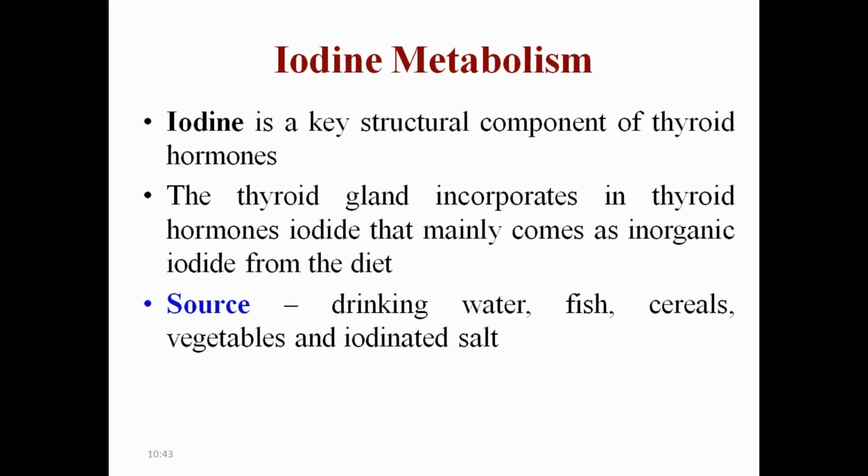They lack iodine because the soil of these mountainous sites is poor in iodine content, so the vegetables and plant products from the mountainous areas have poor iodine content. That may be the reason that in Himalayan countries like Nepal, iodine deficiency is more common.